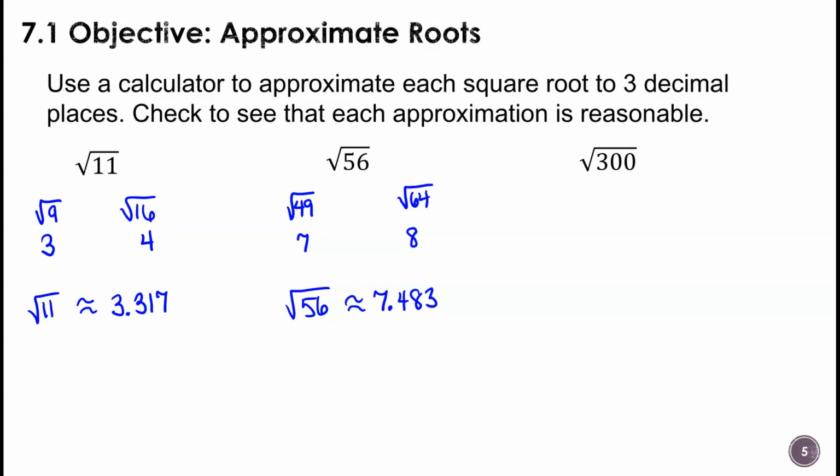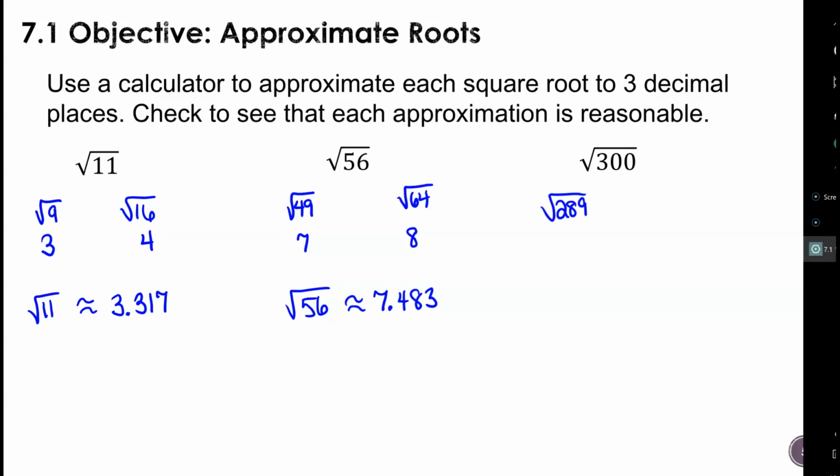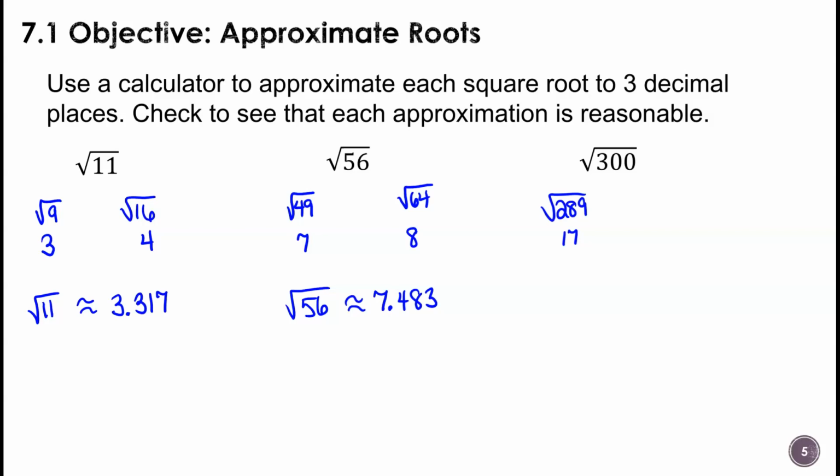And now the square root of 300 is maybe not one that is that familiar because those numbers are getting pretty big. In fact, a lot of times I'm not sure what that would be if I haven't worked with them for a while. But there's a perfect square that is 289, and the square root of that is 17. And then 18 squared is 324, so the square root of 324 is 18.